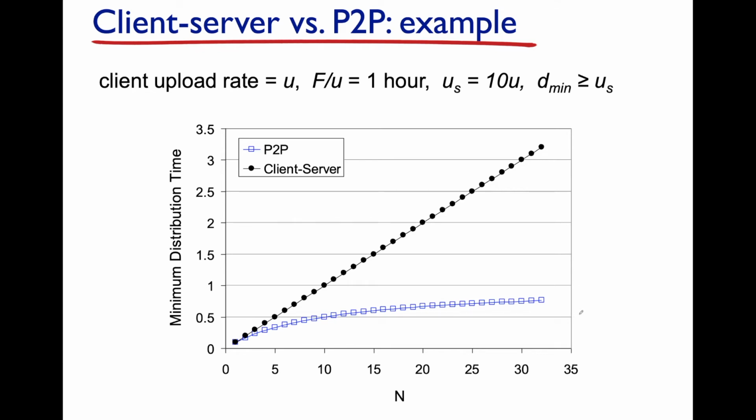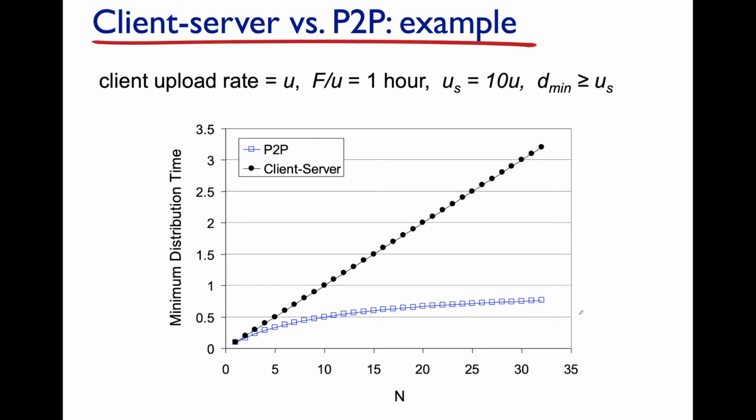We have a client upload rate of U, regardless of what U is, and let's assume F divided by U, file to go over one link for a client, is 1 hour, and the server is 10 times the client rate. So in this case, if the server is 10 times the client rate, well, the server is very likely not to be the bottleneck link. And dmin is at least U sub S.